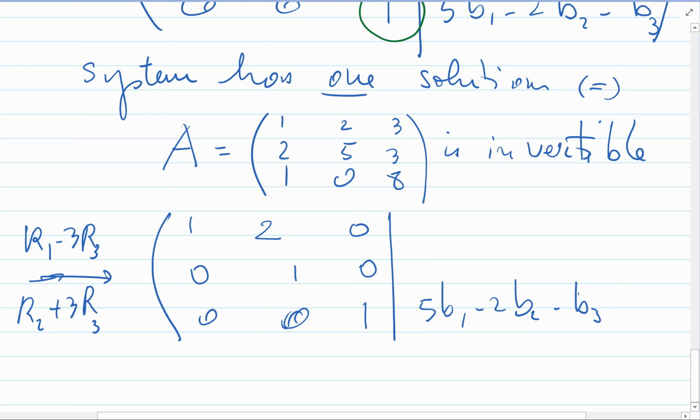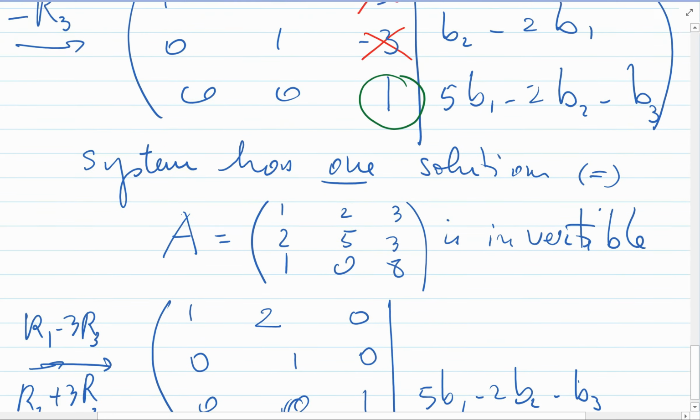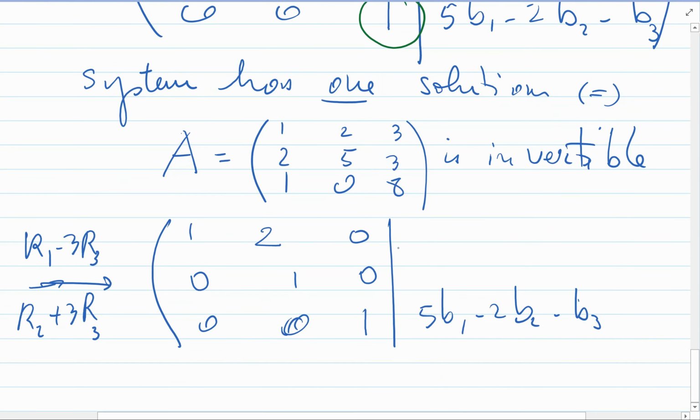And now we have, we said R2 plus 3R3. So remember, it was b2 minus 2b1, and then plus 3 times the bottom part, which is 15b1 minus 6b2 minus 3b3.